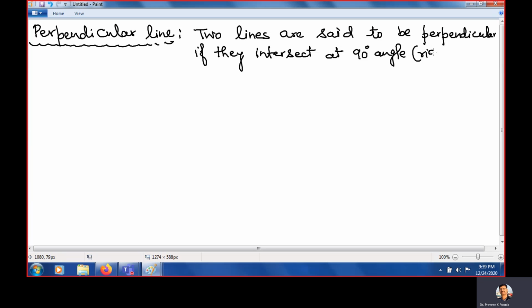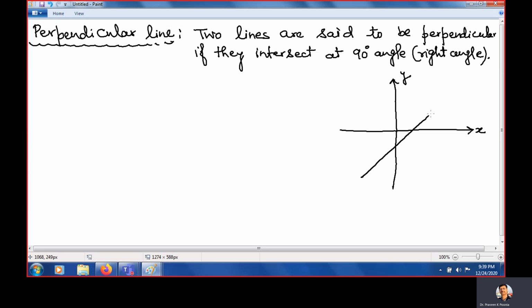You can say 90 degrees, a right angle. Clear? So if two lines are intersecting at 90 degrees, for example, you can see here, this is the x-axis and this is the y-axis.